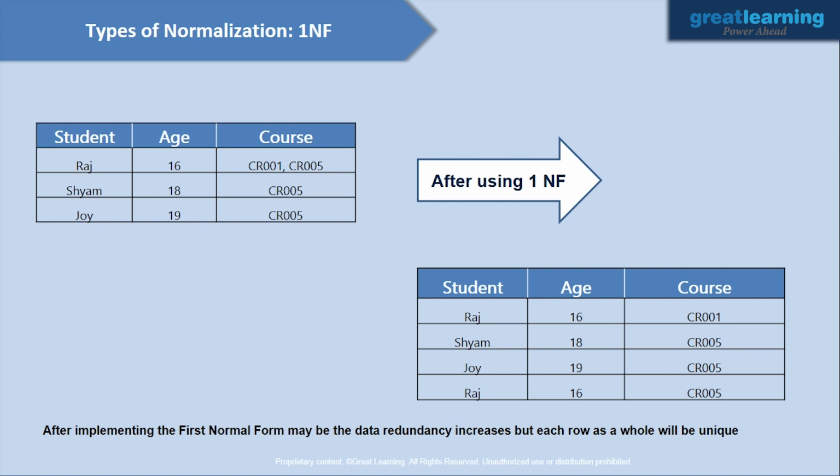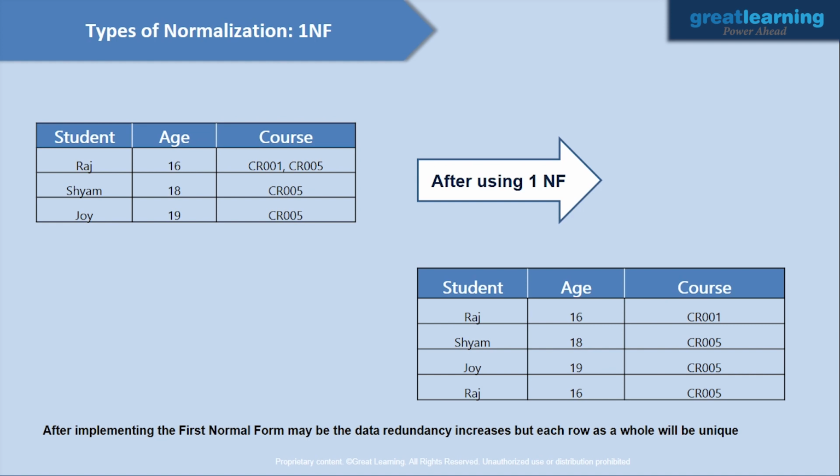You can see your table has changed after using the 1NF concepts, that it has two rows for Raj. So if you see the course, your rows have basically increased because you are putting each and every data in different rows.